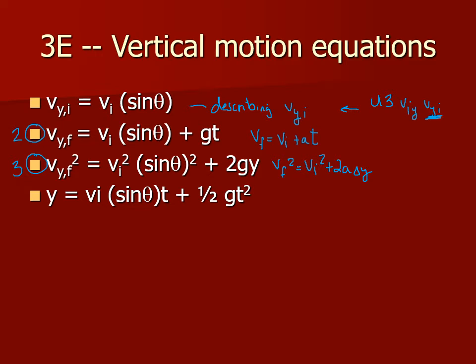Here again, modifying for the initial velocity in the y direction, because now we're talking VYI, we have to make our substitution using the sine function. This last equation, in no particular order, is a modification of delta y equals VIT plus 1/2 AT squared. I think it was a delta t squared.